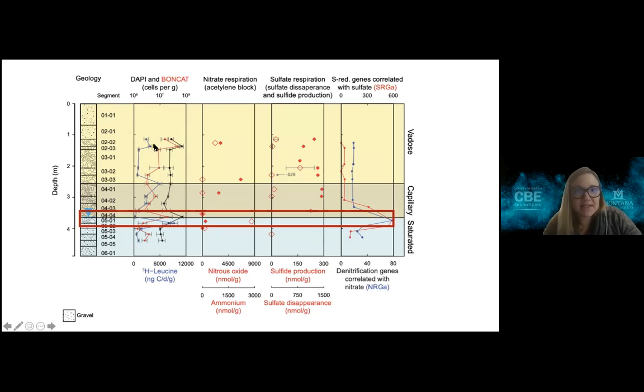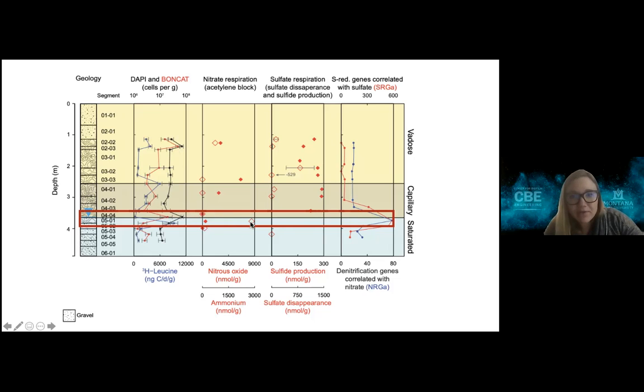And so what we can see here for general activity is this profile over depth, much like we would look at a profile from the marine environment, where we're seeing some spikes up near the top, but then it kind of stabilizes. Not much is happening here. And then we see this spike happen right at the transition of the water table. We also see that spike correspond with our sulfate reduction activity.